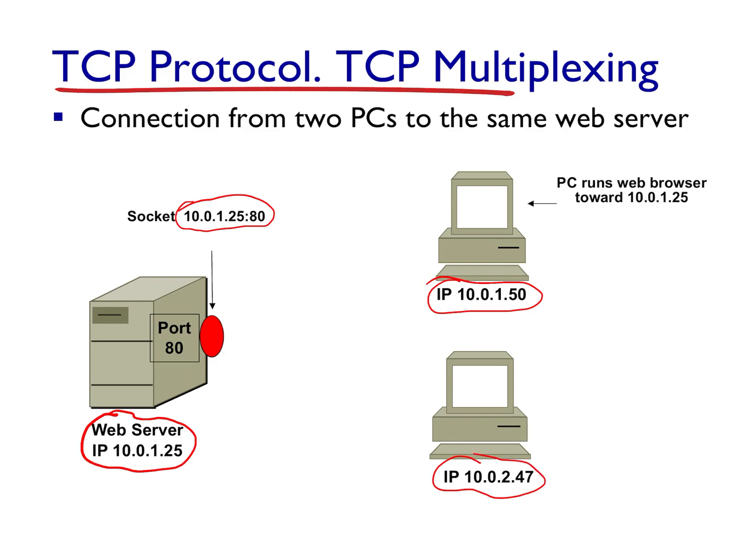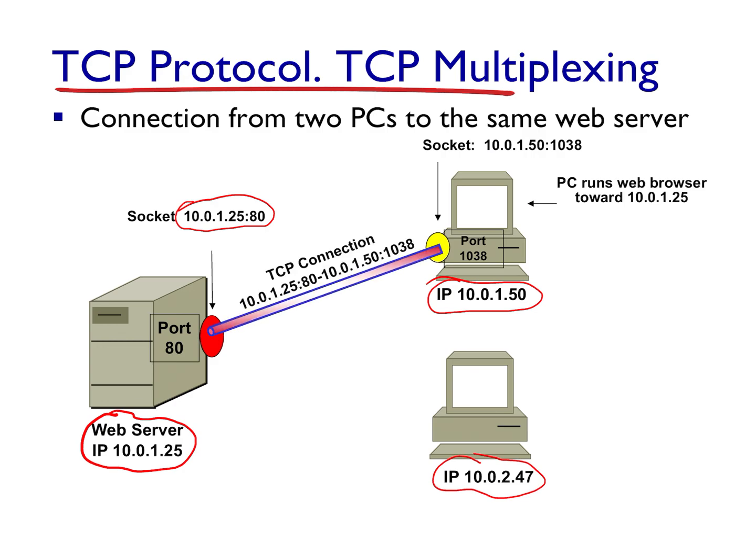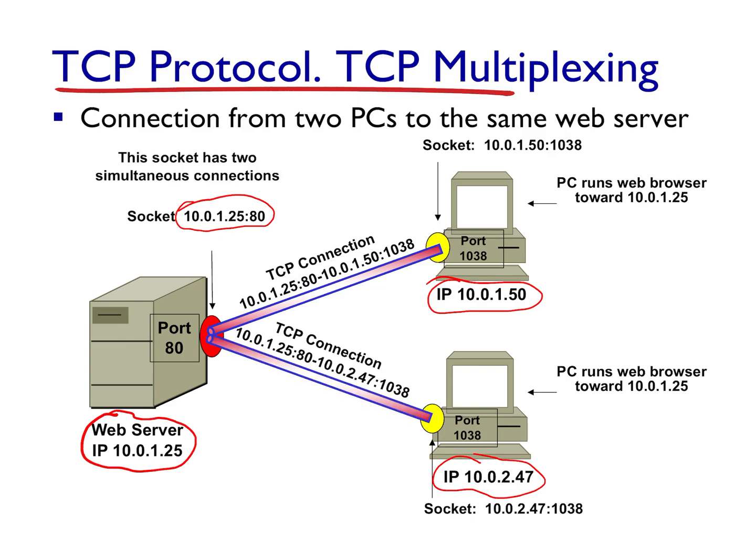PC number 1 runs a web browser as usual. It has a source port, socket, and then a TCP connection. The other one will have maybe the same port or maybe a different port, it doesn't matter, with a specific socket and then another TCP connection. So this server socket has 2 simultaneous connections, but maybe thousands of simultaneous connections.